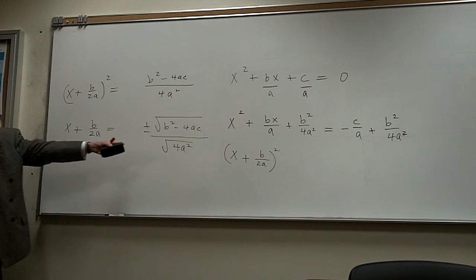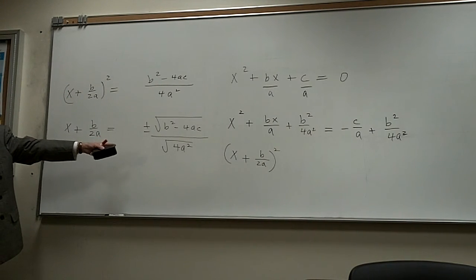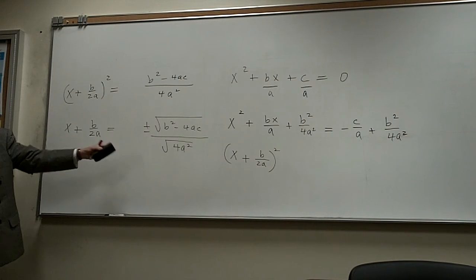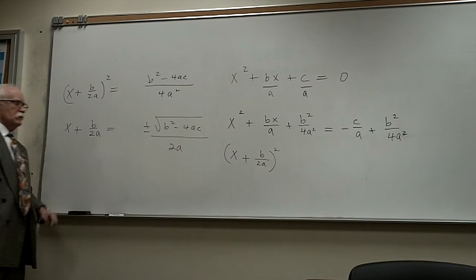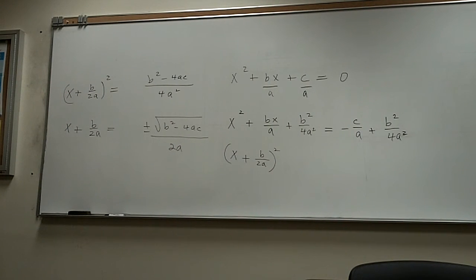What is the square root of 4A squared? 2A. Do you see why it's plus or minus? You square root this side, you square root this side, it's plus or minus.